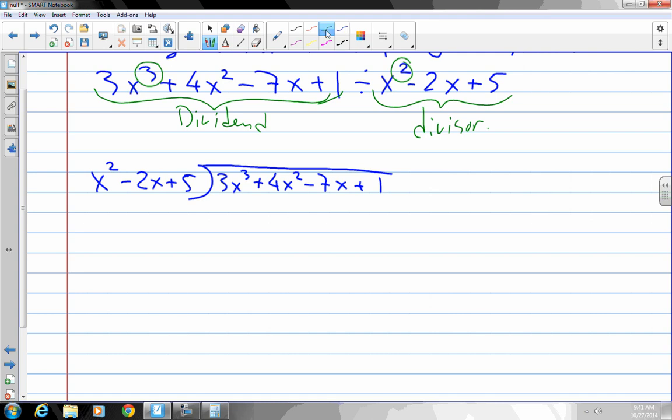Instead of dividing the entire divisor by the first 3 terms or whatever, I'm just going to focus on the first terms of these polynomials. And I'm just going to divide 3x cubed by x squared. Just think about this. What will happen if you divide 3x cubed by x squared? Just dividing the first terms. What will that equal?